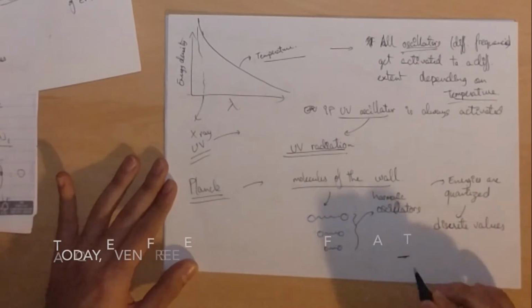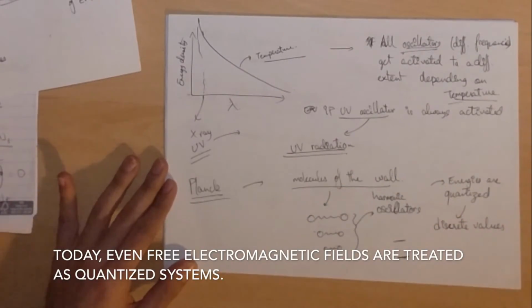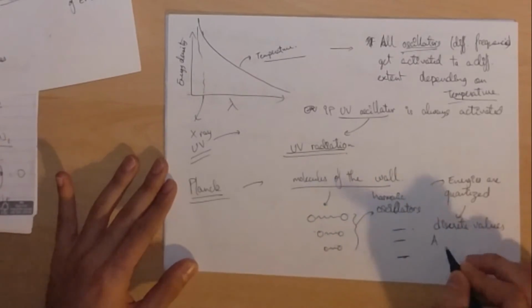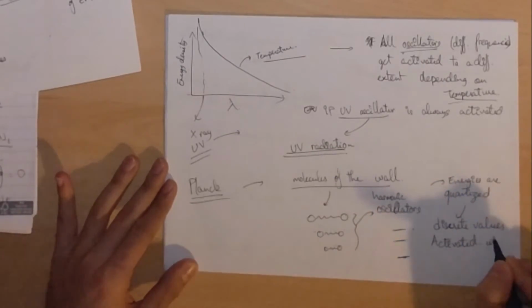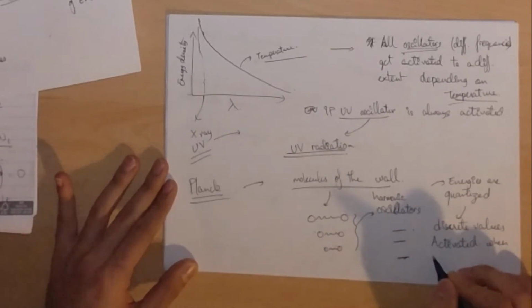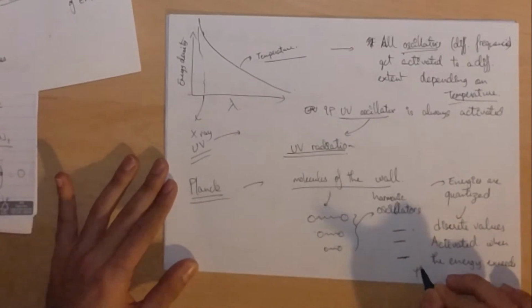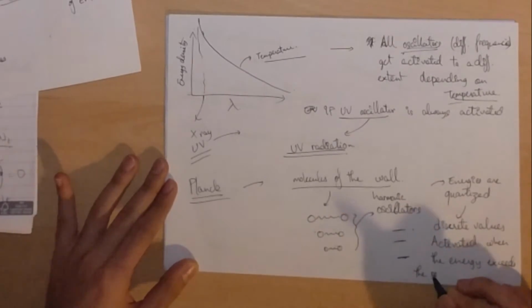So you can have an energy here, you can have an energy here, but you don't have an energy in between. And they're activated when the energy exceeds the required energy, the energy of the oscillator.